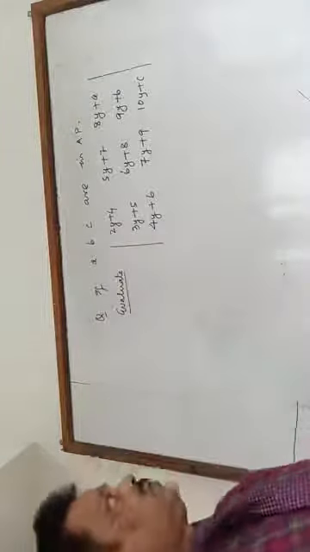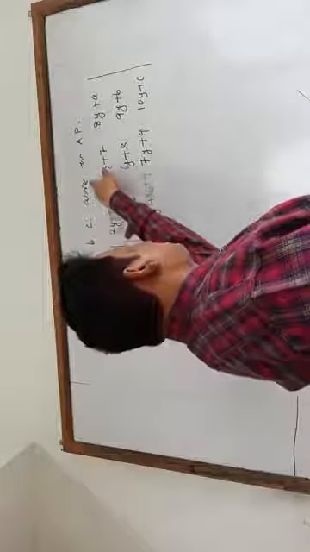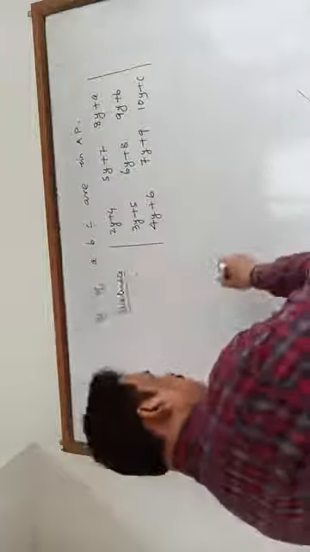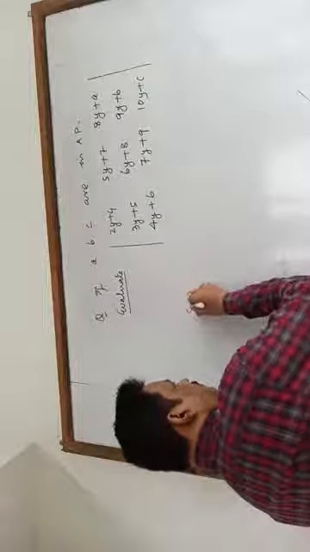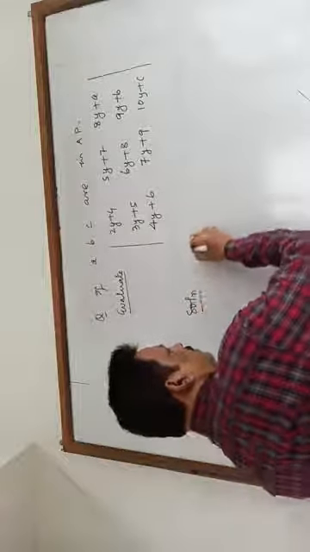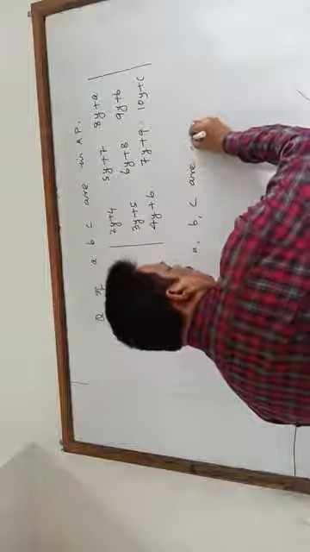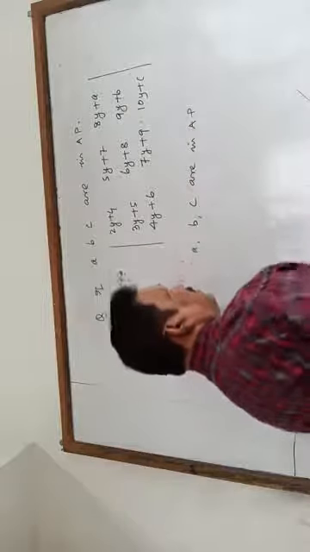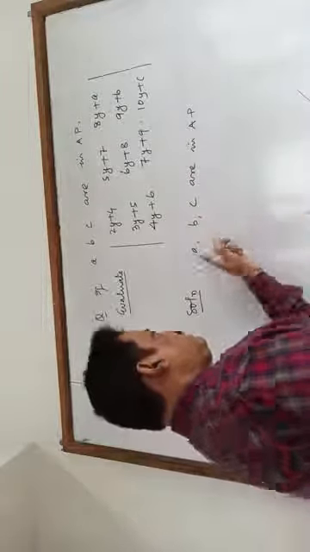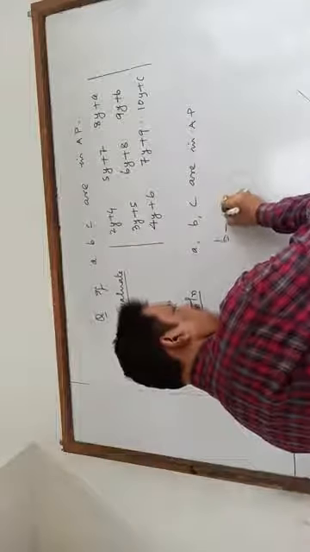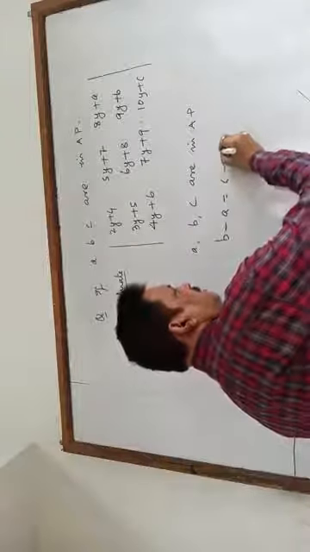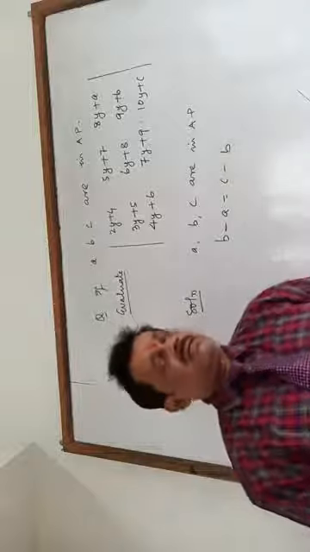When you are told, what is the meaning of A, B, C are in AP? When you write A, B, C are in AP, it means B minus A equals C minus B. This is what you have studied in class 10.